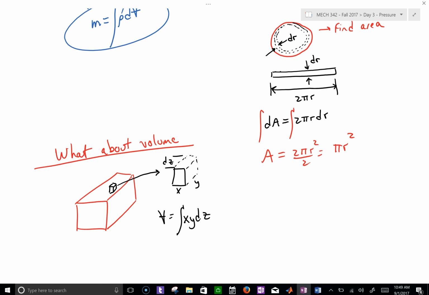The black little cube is a really small infinitesimal amount of volume. To find the total volume, we'd have all those filled up inside the red box, and we'd add them all up. Or we integrate x times y times this small change dz. What is x times y? It could be an area. This is what we call a surface area.